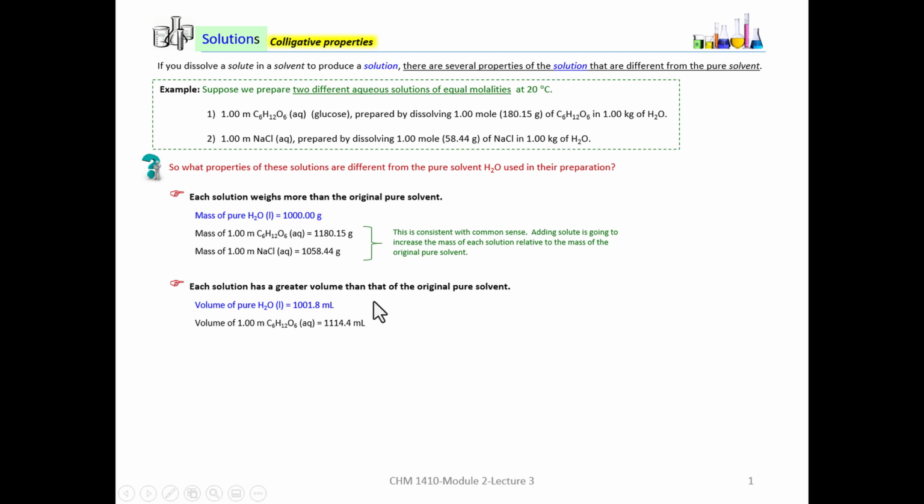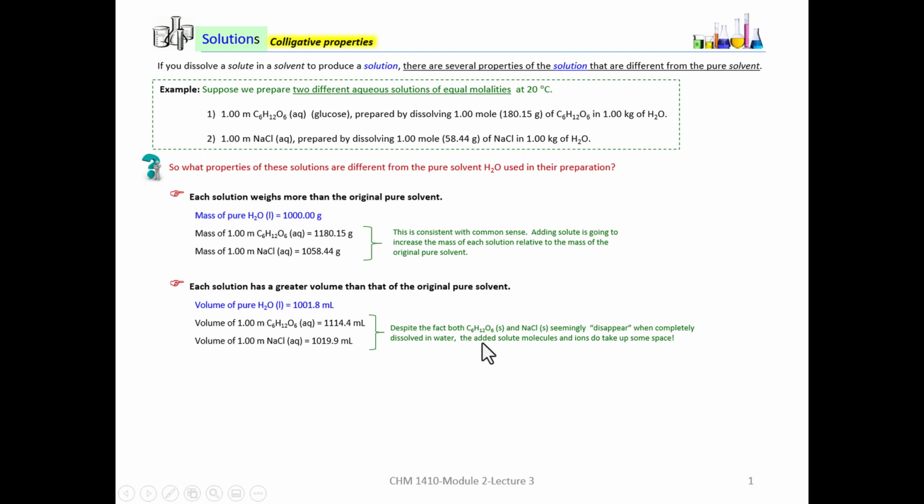I had density data for both the glucose and the sodium chloride solutions, and so I calculated from experimental data that the volume of the glucose solution would be 1,114.4 milliliters. The volume of the sodium chloride solution would be 1,019.9 milliliters.